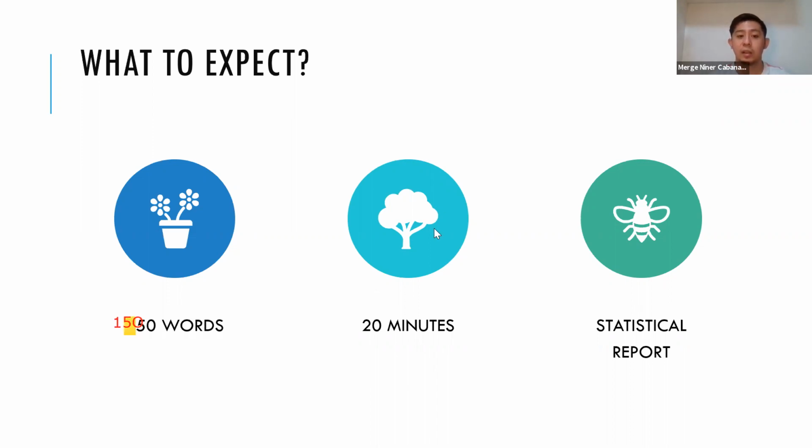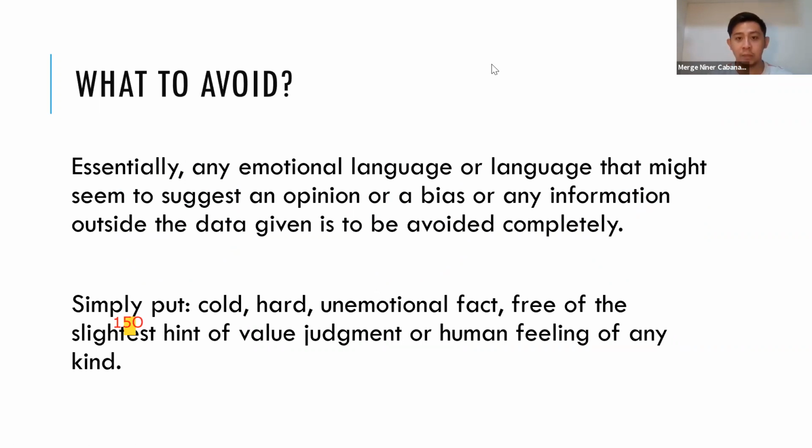Okay, so now let me just remove my drawings here. So what to avoid? Okay, in this type of test, essentially any emotional language or language that may seem to suggest an opinion or a bias or any information outside the data given is to be avoided completely.